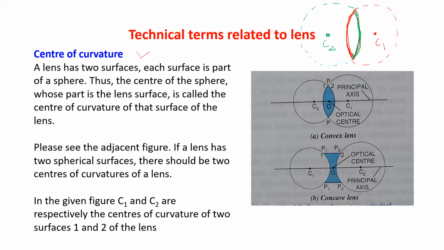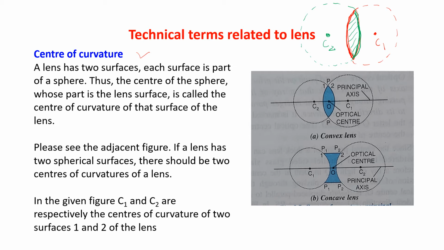So if a lens has two spherical surfaces, there should be two centers of curvature of the lens. Am I clear? My lens is this one, which has two centers of curvature.